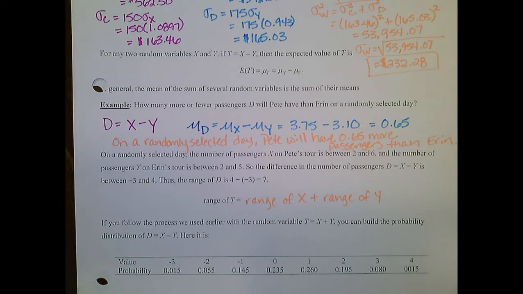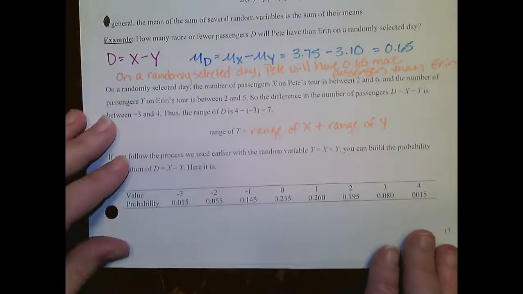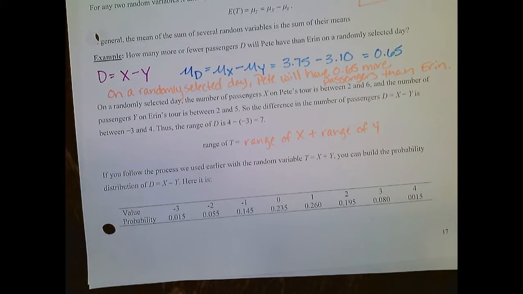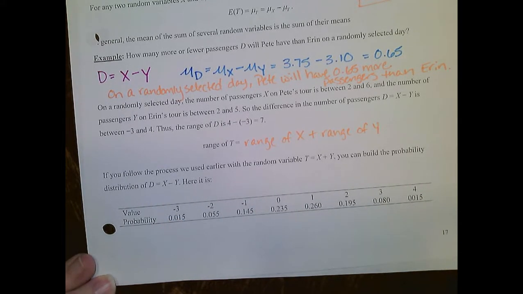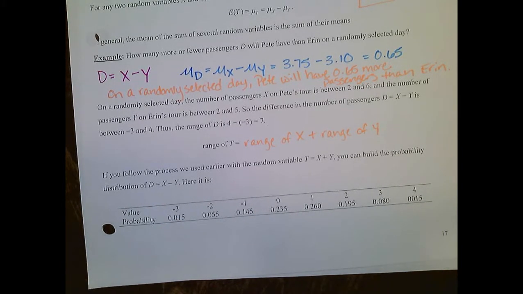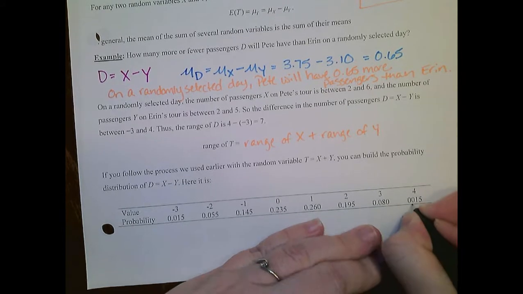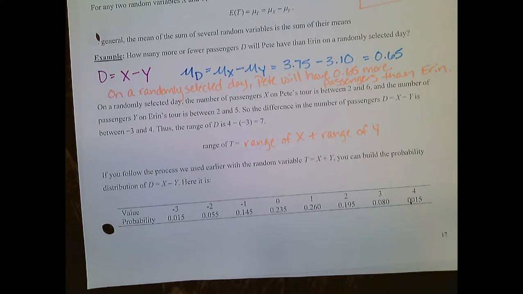If we follow the process that we used earlier to come up with a probability distribution for D, where we have X minus Y, we could use our probability rules to calculate the probability of each of the possible outcomes from -3 to 4. And again, it looks like I left off a decimal here in this last one. That should be 0.015.